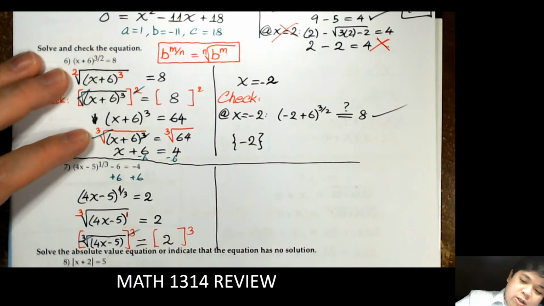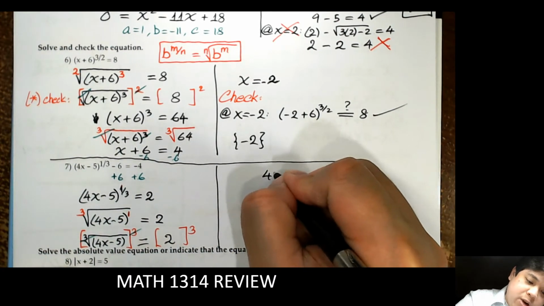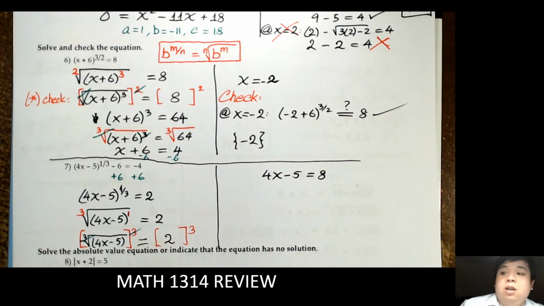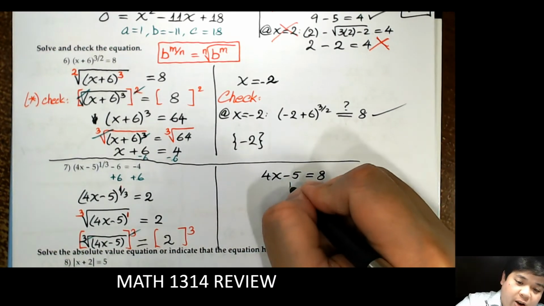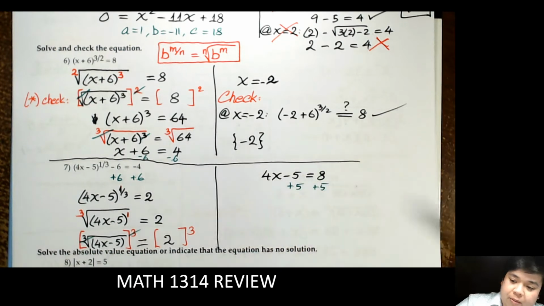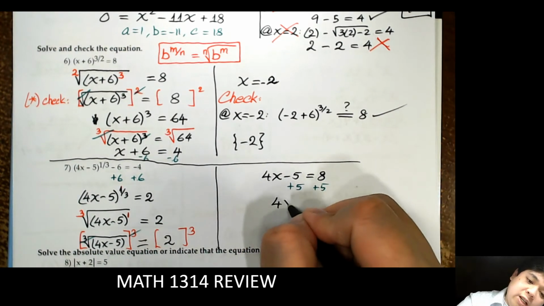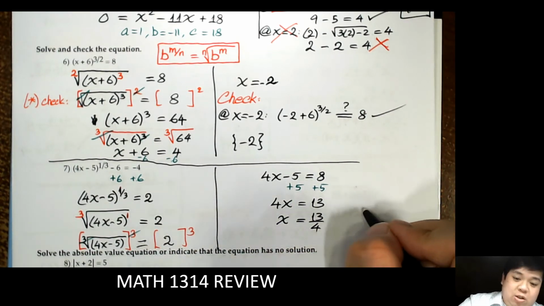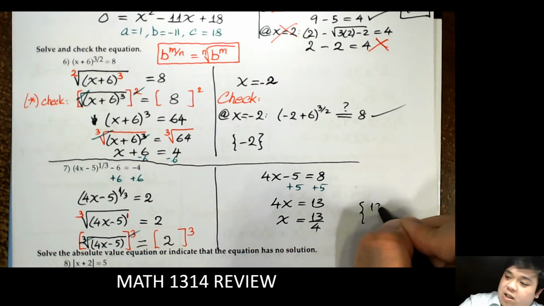That cancels out. So we have 4x minus 5 equal to 2 cubed, which is 8. And then we'll add 5 on both sides. We have 4x equal to 13, so x equal to 13 over 4. We don't need to check, so that's just our answer, 13 over 4.